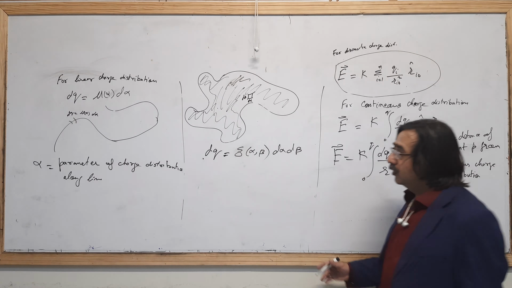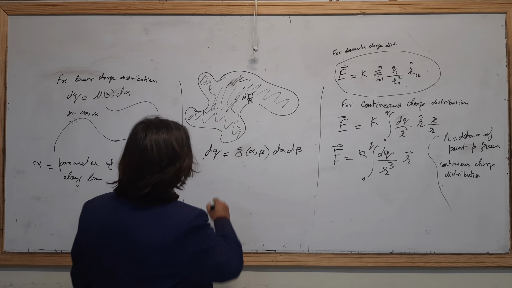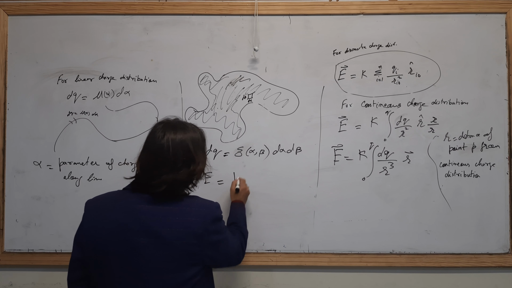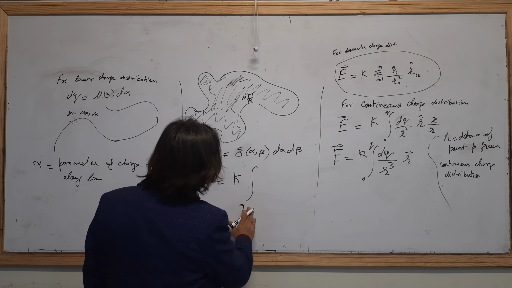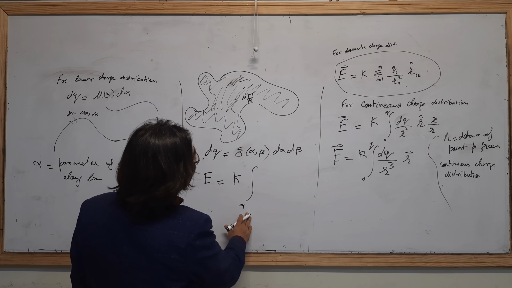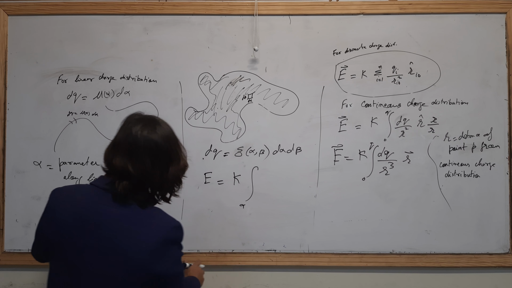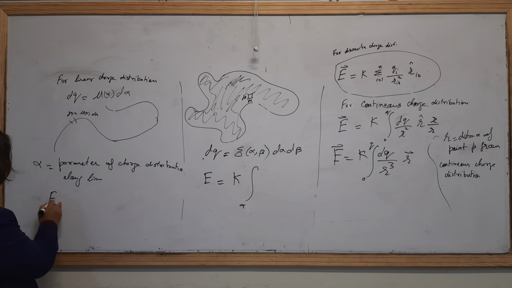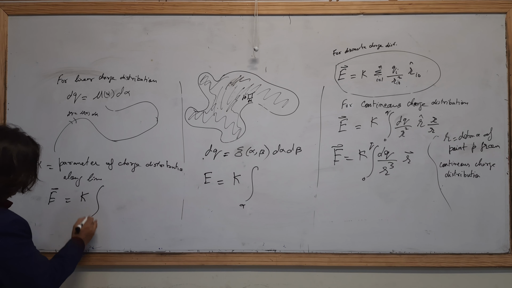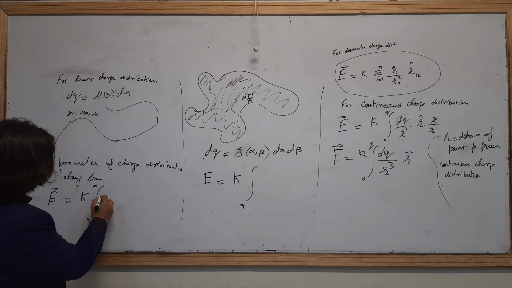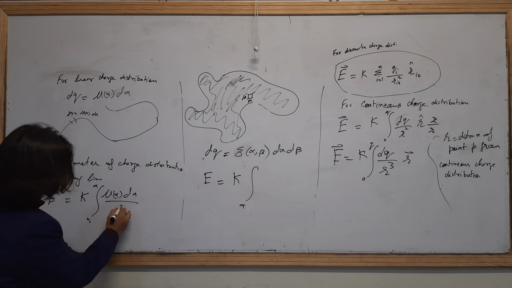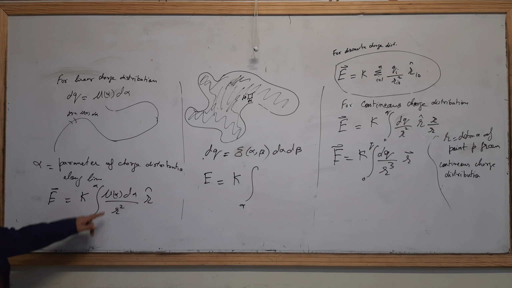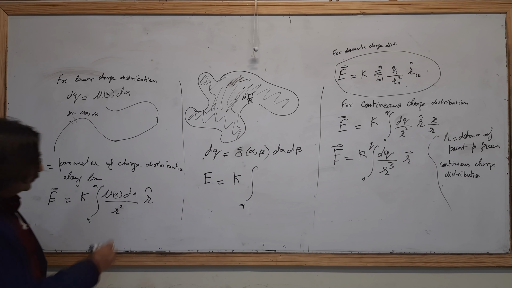So this electric force will become K alpha naught to alpha. This is for linear charge distribution.